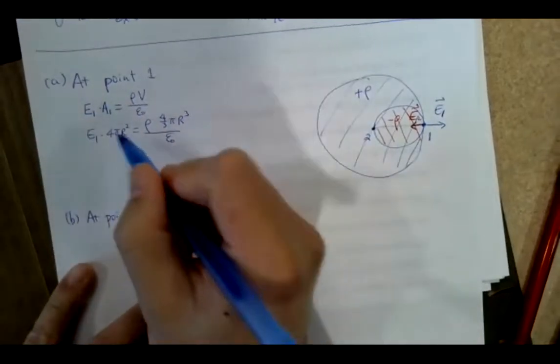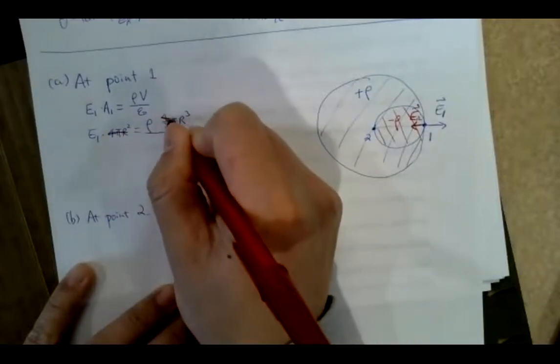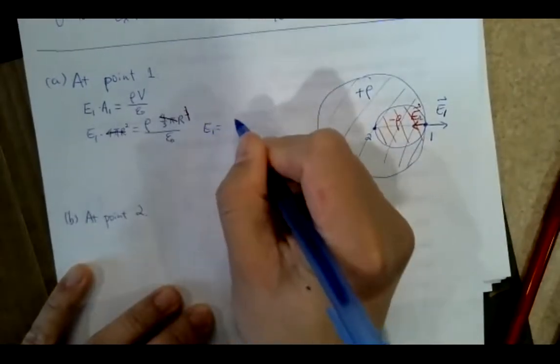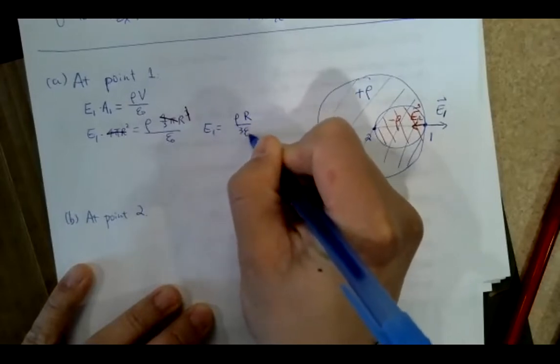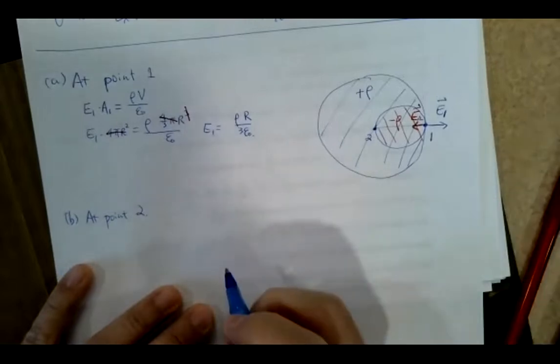So then the 4 pi and that 4 pi r squared will cancel out, okay? So your E1 is equal to rho r over 3 epsilon naught, okay? And that's in the positive direction.